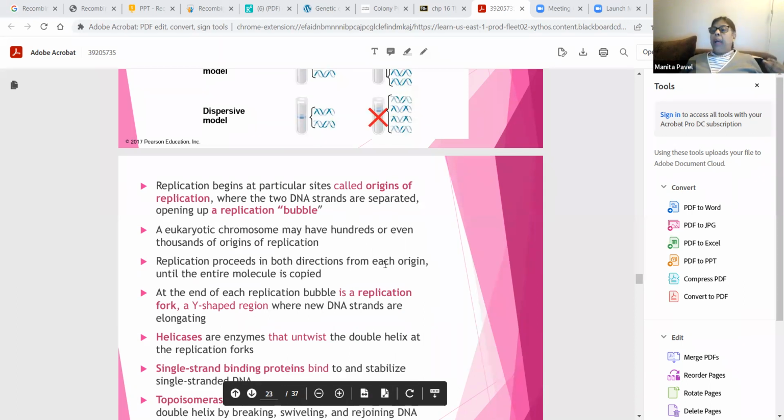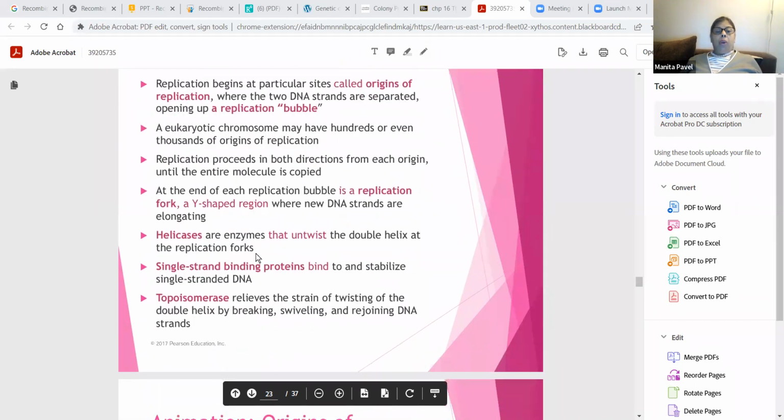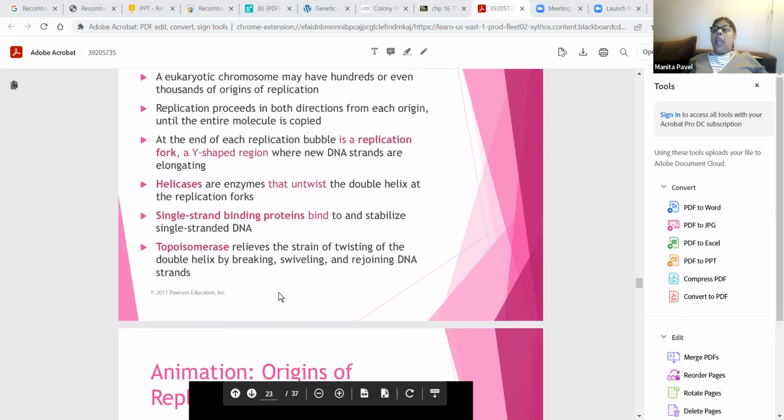So we talked about replication and the replication fork, and DNA helicase, which is unwinding, but you have other enzymes and proteins, one called single strand binding proteins. From the very term, single strand binding proteins are going to bind to and stabilize that single stranded DNA. Now, a lot of mistakes can occur during the replication process.